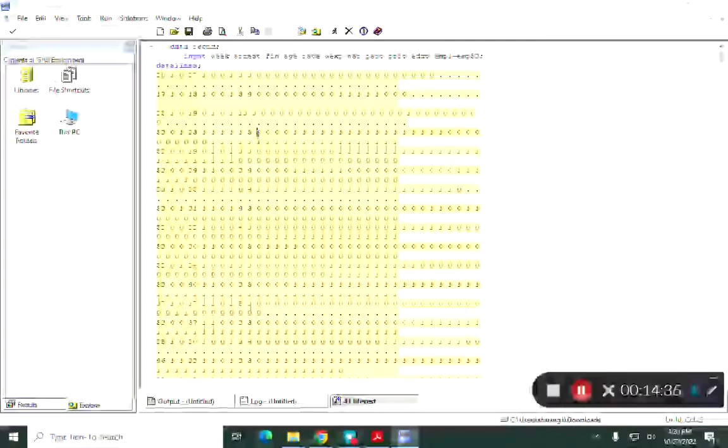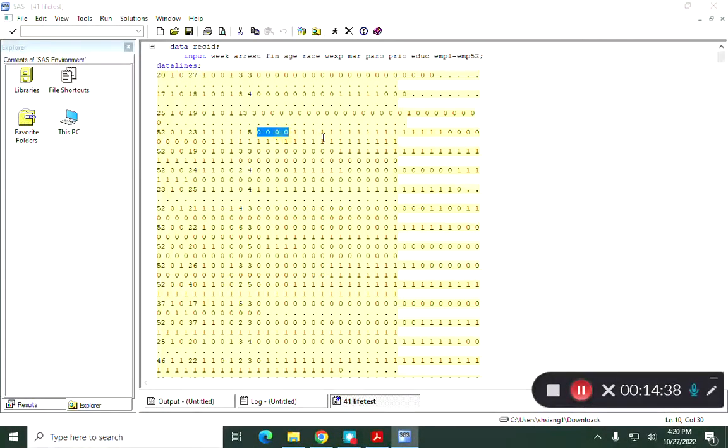But after that, not working, and then work, not working, and then back to work again, okay? So this is something I will explain in detail later on. But here we're just saying: how many weeks he survived, did he get arrested, and financial aid, prior record, and education, and employment data.